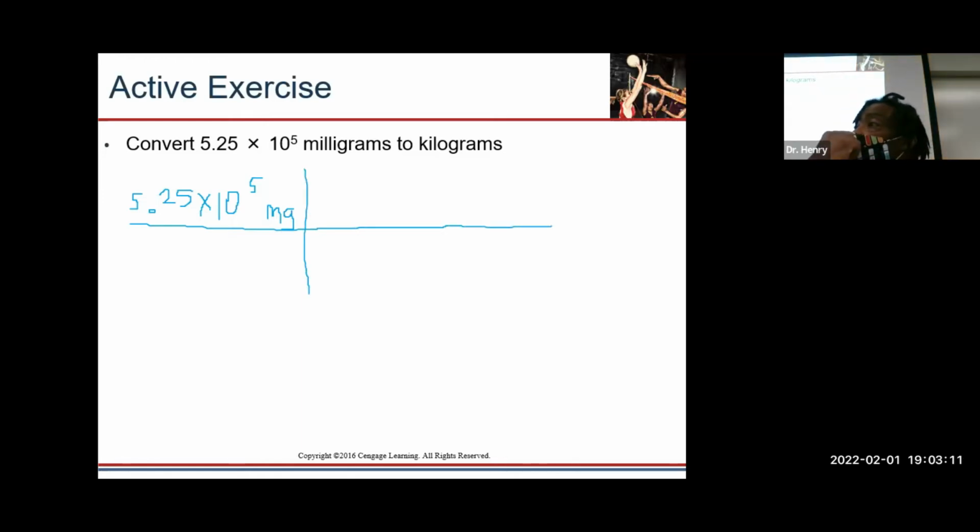I want kilograms, so I want kg. How can I get there?